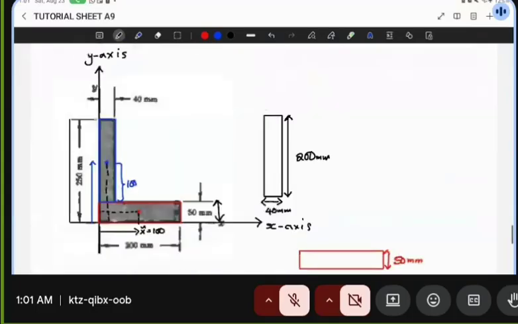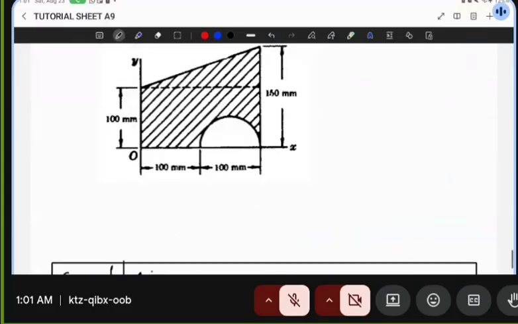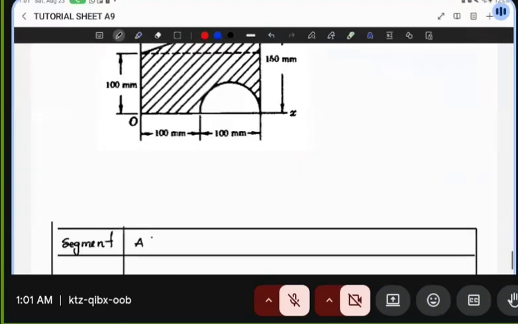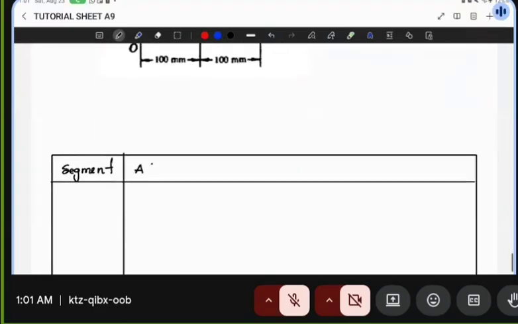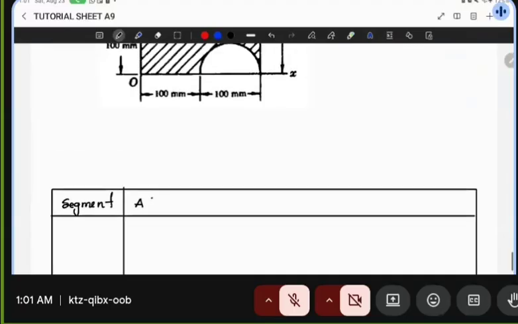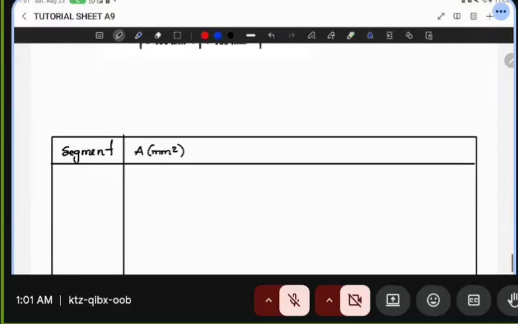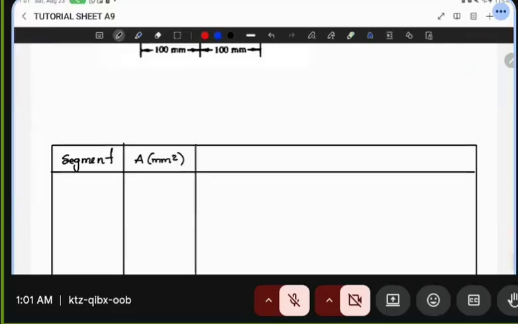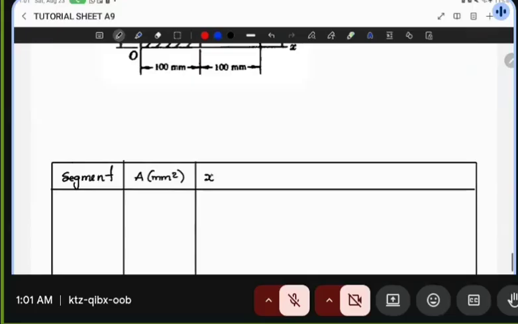Since we have different shapes, we're going to create a table and differentiate our structure into segments. For each segment, we get the area. Since the lengths are in millimeters, we expect this to be millimeter squared. Next, we'll get the x-bar, which will also be in millimeters.